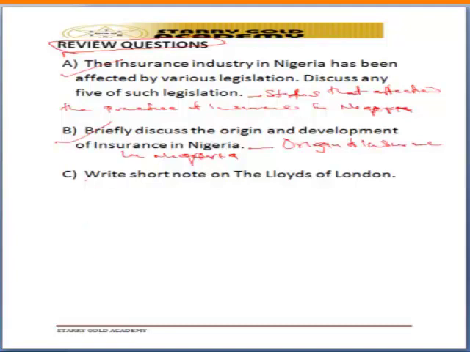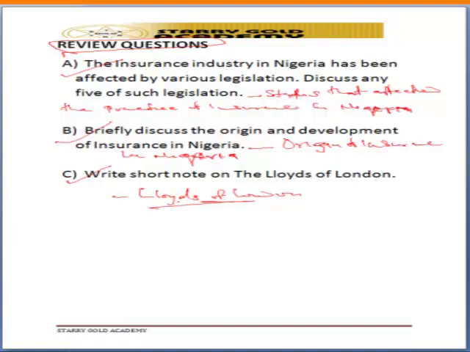The third one is: write a short note on Lloyd's of London. So go to the section on Lloyd's of London and you get your answer. We said Lloyd's of London is not an insurance company, it is the market of insurance and reinsurance, known as the largest insurance market.